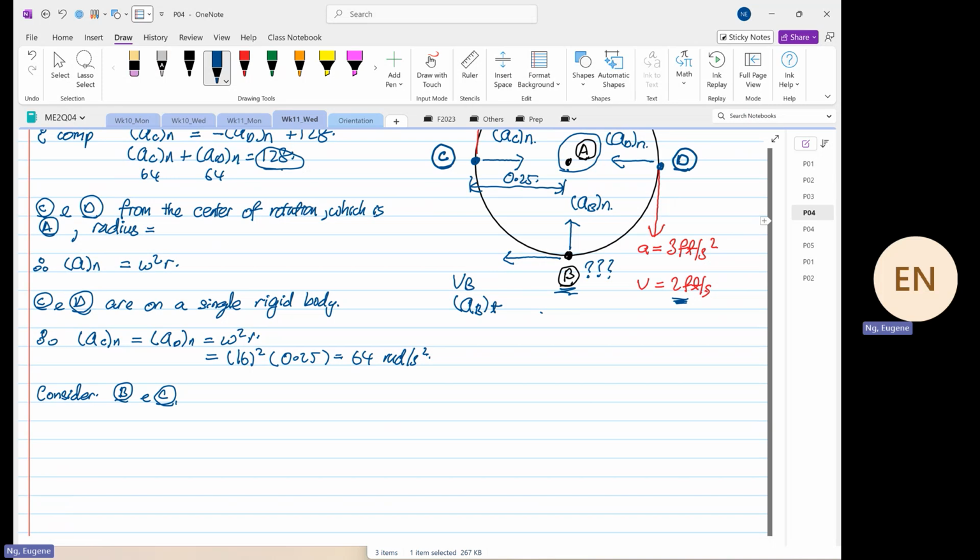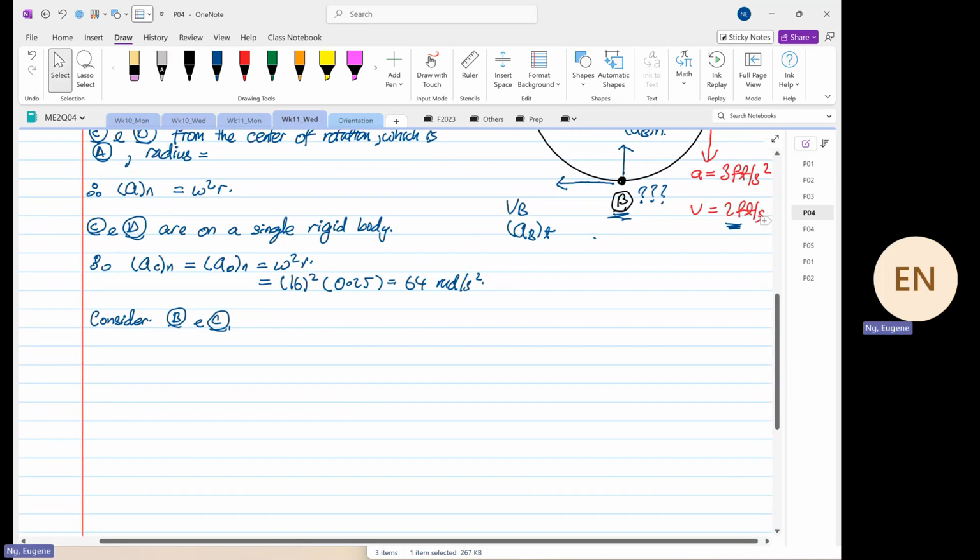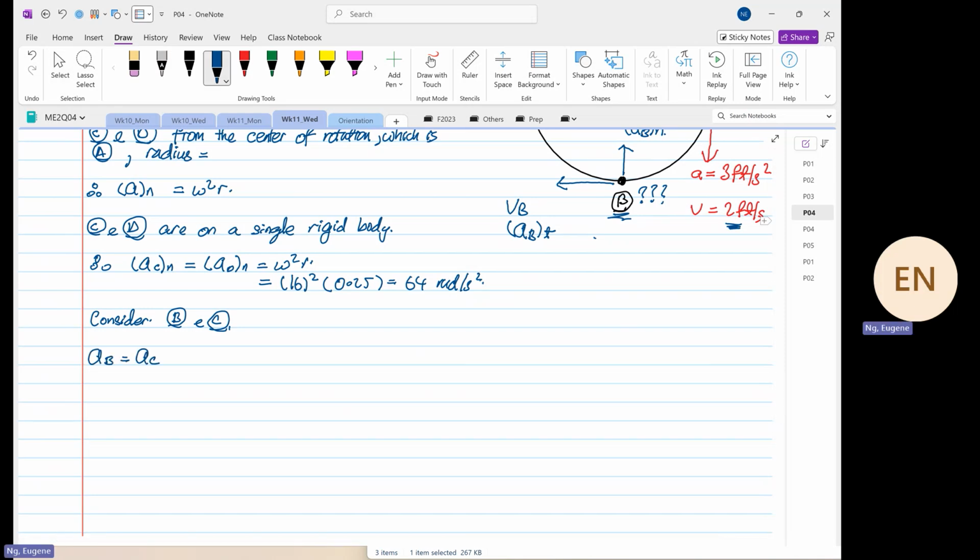I just decided to pick point B and point C. So from here, AB is equal to AC plus alpha cross RB from point C minus omega squared.